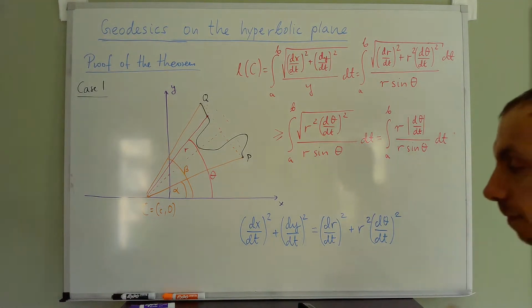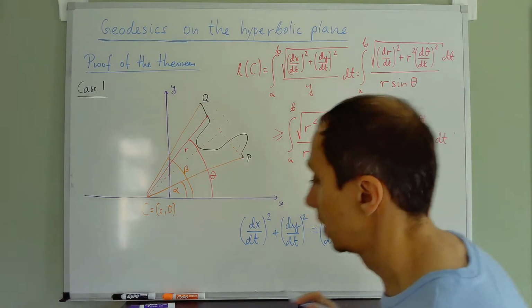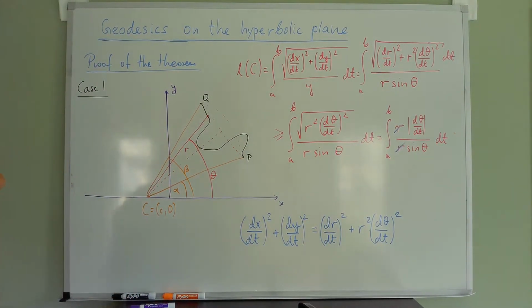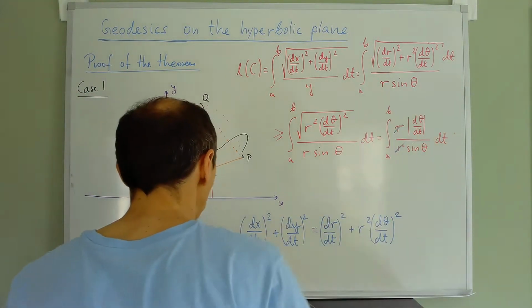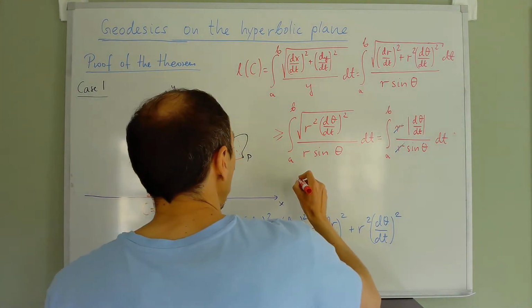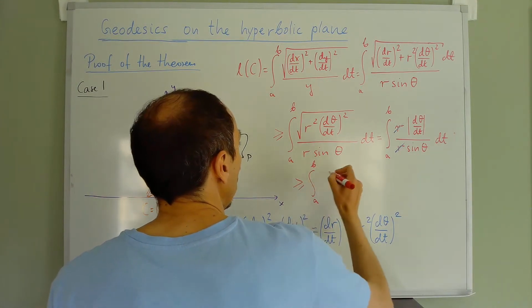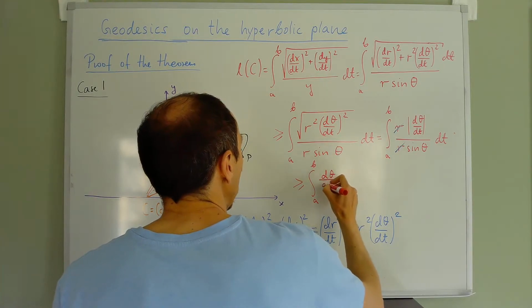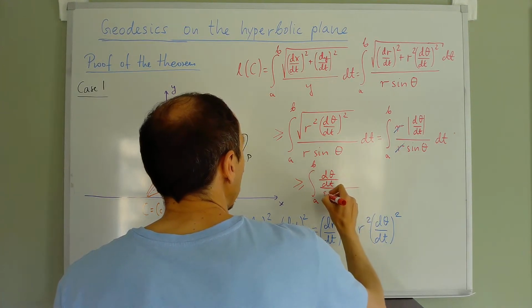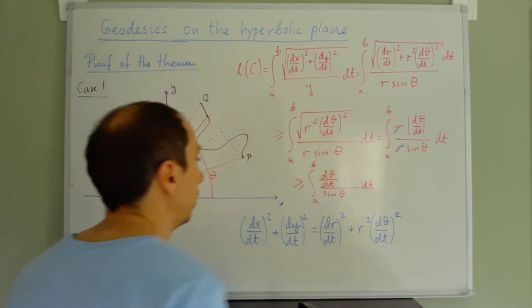So first thing that you notice is that the r's cancel. And secondly, the absolute value of any real number is always greater than or equal to the number without the absolute value. So that's the integral of d theta over dt divided by sine theta, dt.